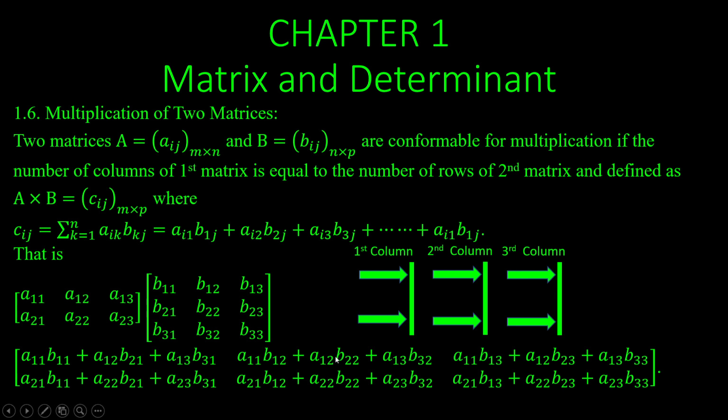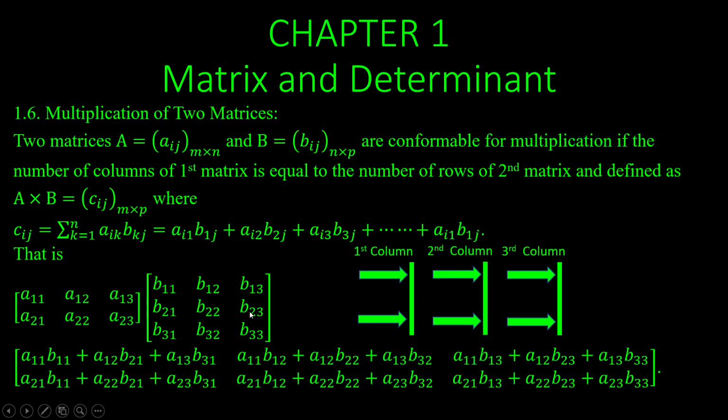In this way, the second column of the product matrix is formed. Now we have to make the third column of the product matrix. To do that, we multiply all the entries of the third column of the second matrix by the corresponding entries of the first row of the first matrix. Then we get A11 B13 plus A12 B23 plus A13 B33.